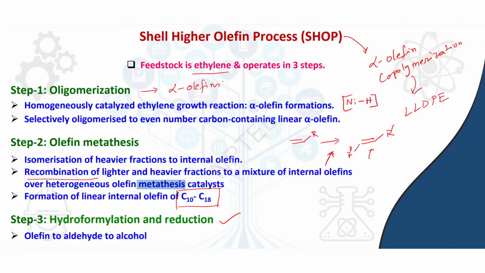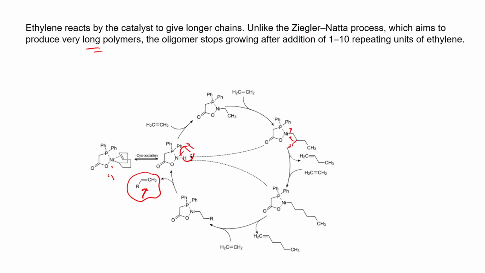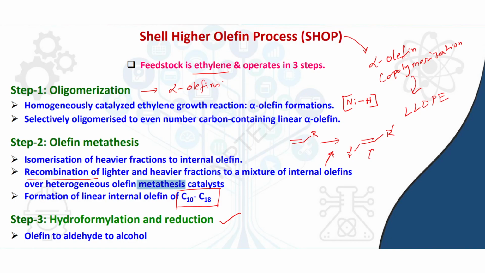So for this Shell olefin process, three key steps are there. Step one is oligomerization. So a homogeneously catalyzed chain growth reaction happens for alpha olefin formation, and in turn that alpha olefin is produced this way. And next is metathesis, isomerization of the heavier fraction to internal olefin units.